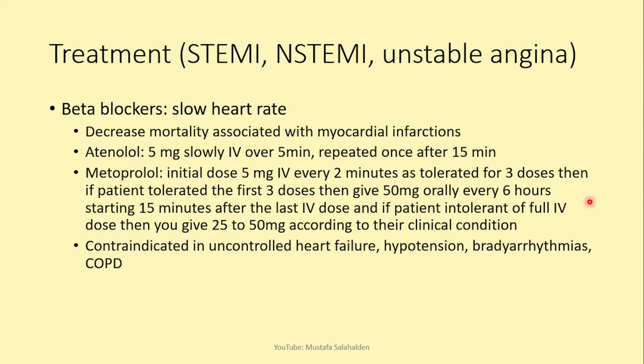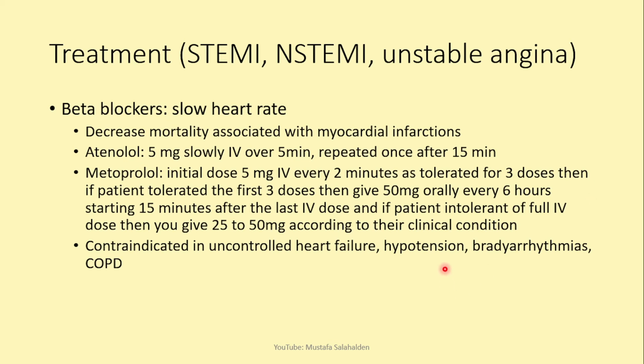Then if the patient tolerated the first 3 doses, then give 50 milligrams orally every 6 hours, starting 15 minutes after the last IV dose. And if the patient is intolerant of the full IV dose, you stop giving IV doses and you give your patient 25 to 50 milligrams according to their clinical condition and how much they tolerate.